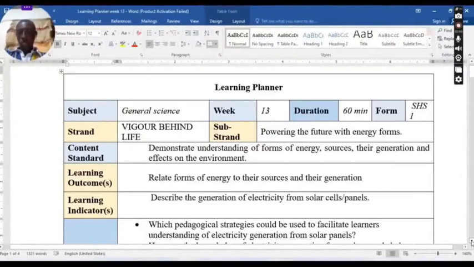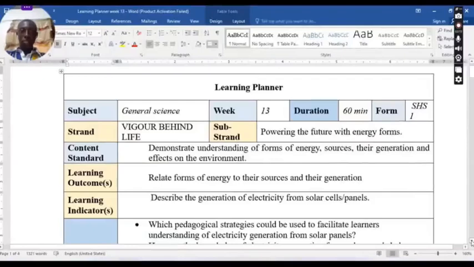So let's start with the first row, subject. The subject row comprises the subject that you teach, the week, that's the particular week of teaching that you are in, then the duration of your period, then the form that you are teaching, SHS 1 or 2 or 3.